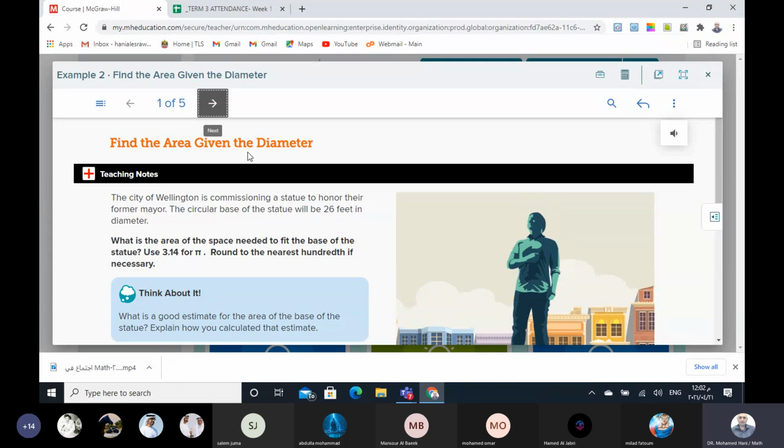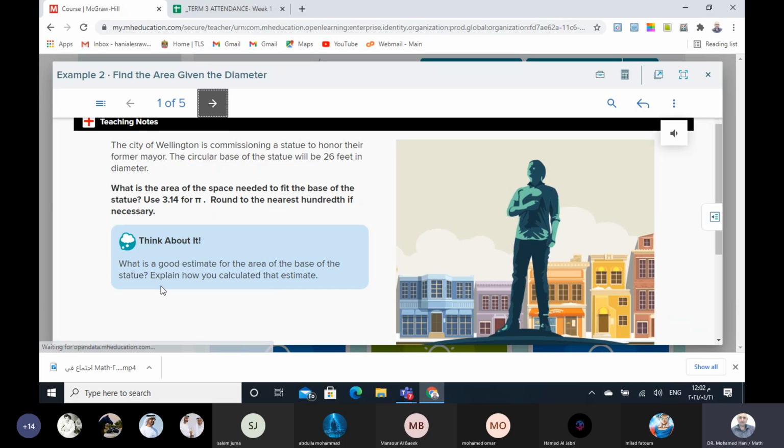Find the area given the diameter. Now we have the diameter, not the radius. What is the area of space needed to fit the base of the statue? Use 3.14 for pi, round to the nearest hundredths if necessary.